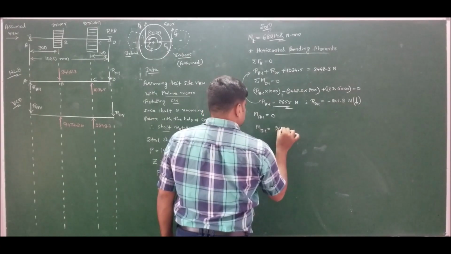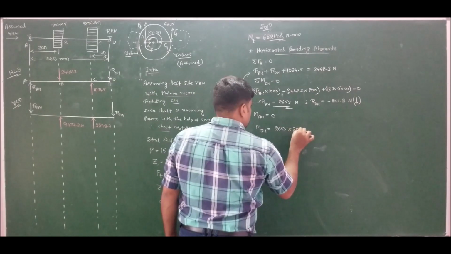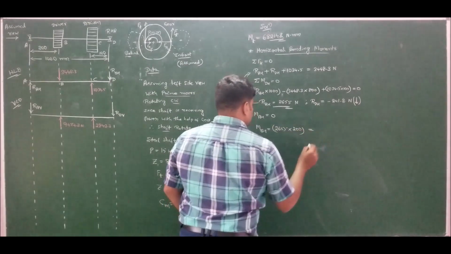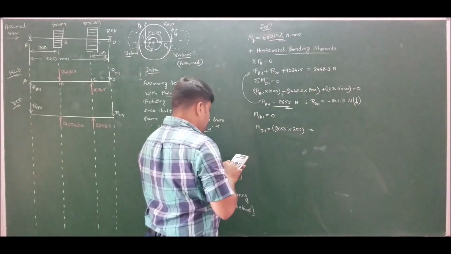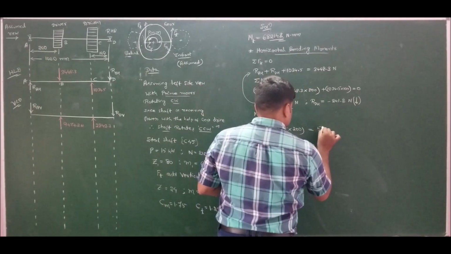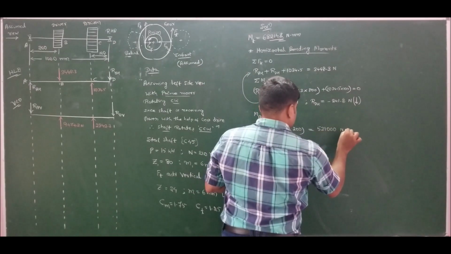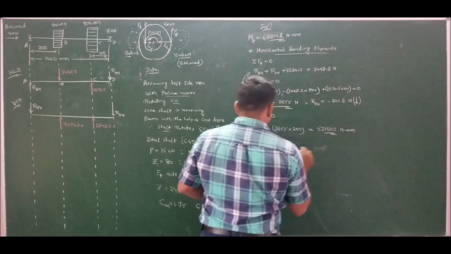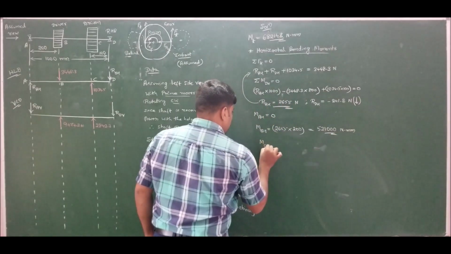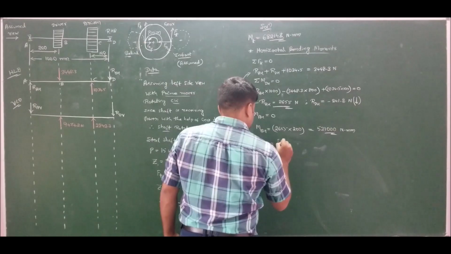RAH is 2655 into distance is 200. Clockwise moment, hence it is positive. 2655 into 200 is 531,000 Newton millimeters.